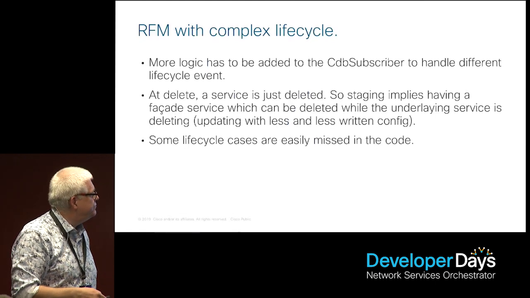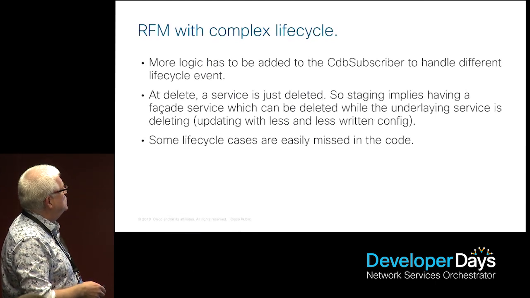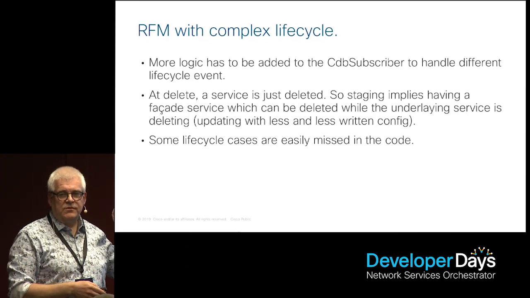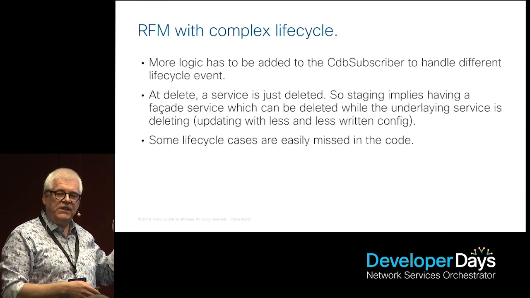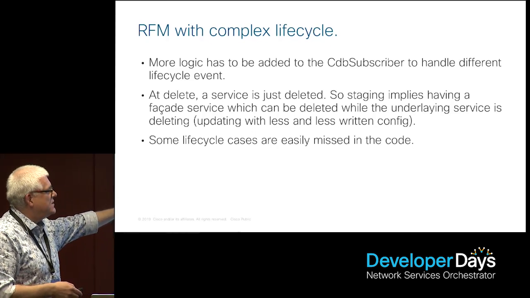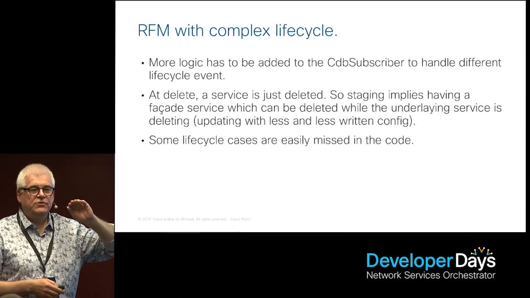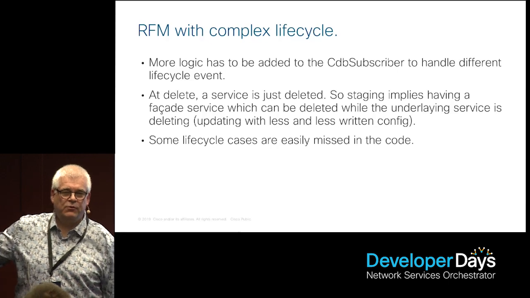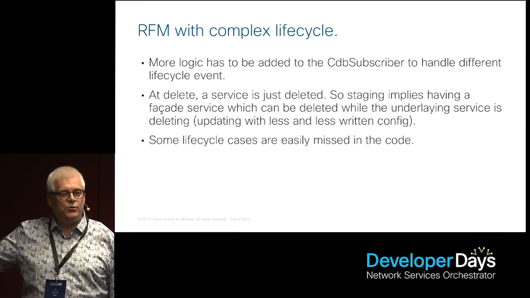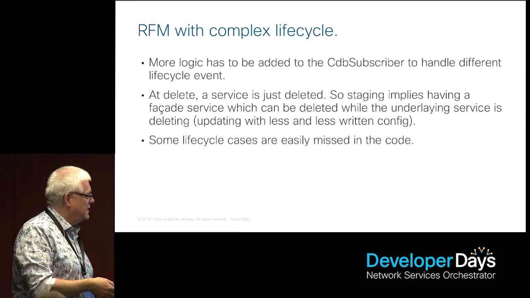What you end up doing is that you tend to have a more complex CDB subscriber, or you end up with having more than one because you have some other data set or some other service that's used as a facade just to be able to delete something while the real thing is not deleted. It needs to be doing less and less for a while before it can be deleted.